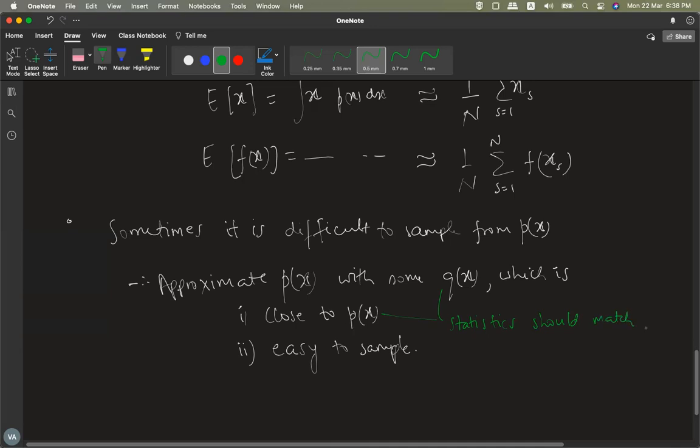Yeah, that's a good approximation, a good try. But what statistics should match? If you just look at mean and variance, they may be the same for two distributions, but other things might be different. Two distributions may have the same mean and variance, but the distributions themselves may not be the same.